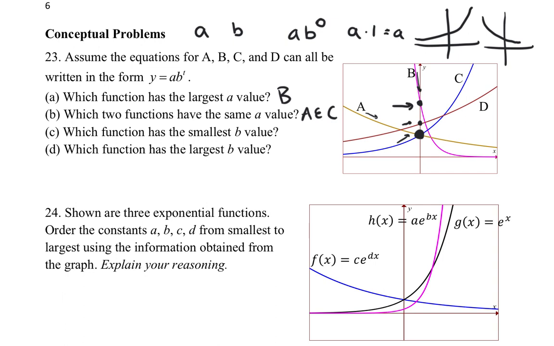So for B values, we know that B can either be in between 0 and 1, or B can be greater than 1. And when this happens, our function is decreasing, and when this happens, our function is increasing, right?